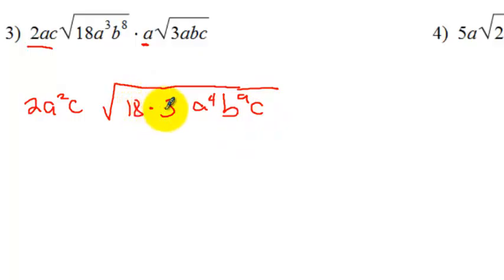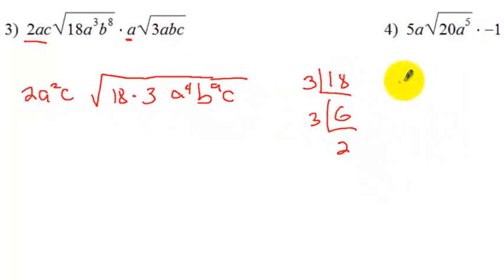Now for our 18 and 3, we can just divide 18 by 3. The result is 6. Divide 6 by 3, we'll get 2. Now the other number here, 3, is already a prime number. So in this case, we can get a pair of 3 here. So that this 3 will go out.